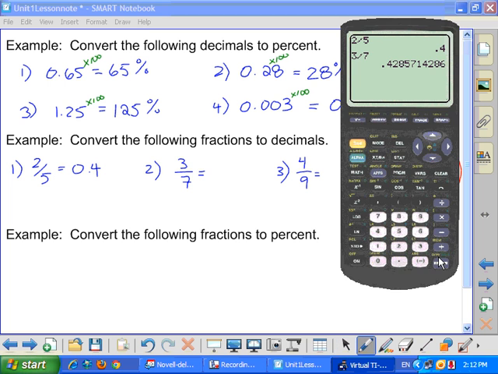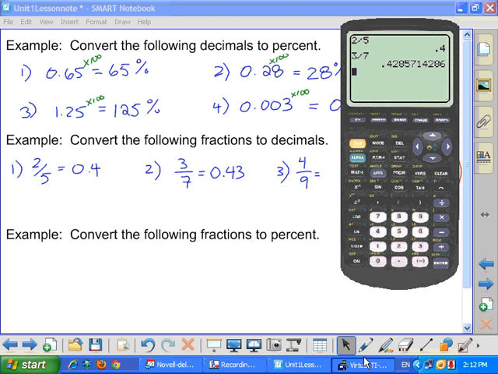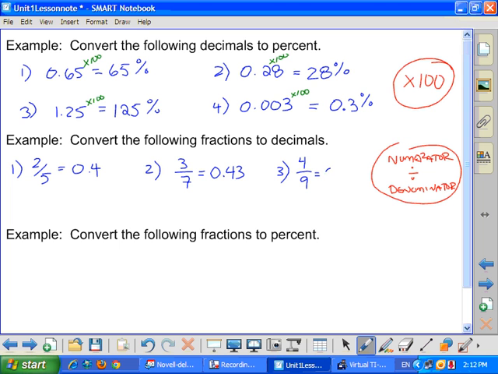We're going to round it. The last one's 4/9. 4 divided by 9 equals 0.444444. So we're just going to go to 2 decimal places here, 0.44.